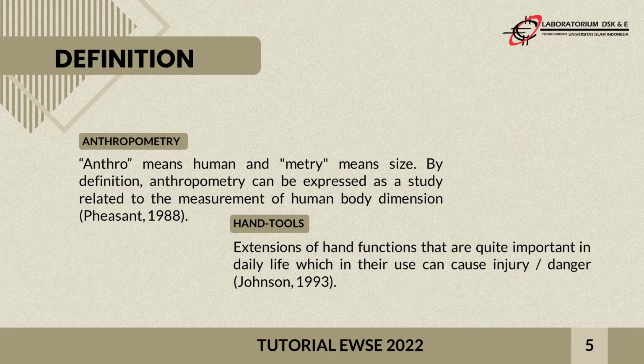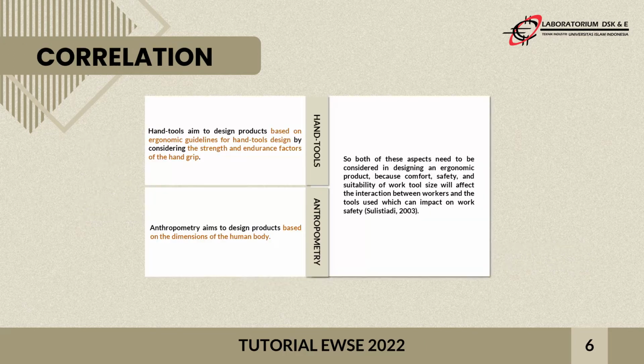Then, hand tools are hand aids, extensions of hand function that are quite important in everyday life, which in their use can cause injury or be dangerous. Here, it is said to be important because if the design is not appropriate, it will cause injury to its user. Let's move into the next slide.